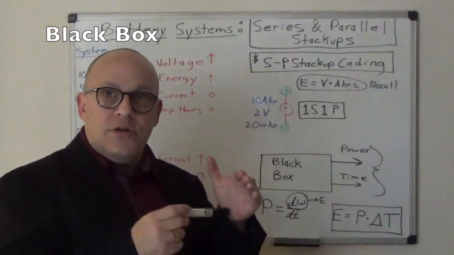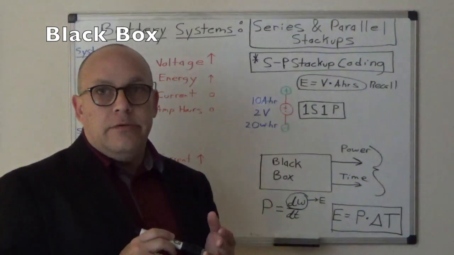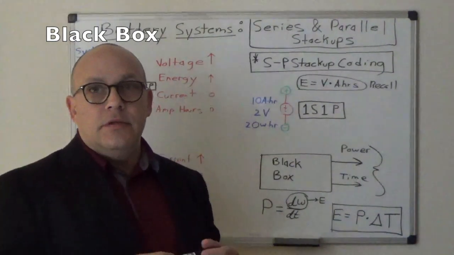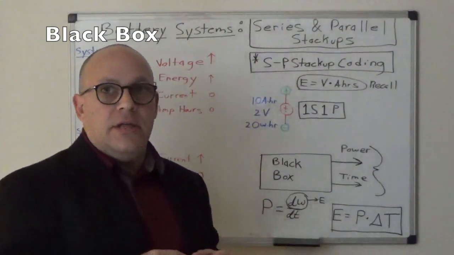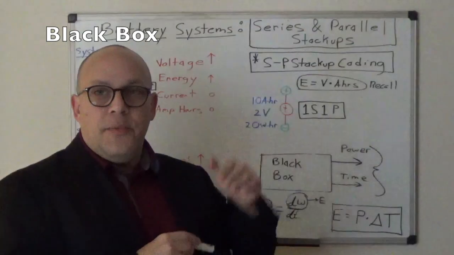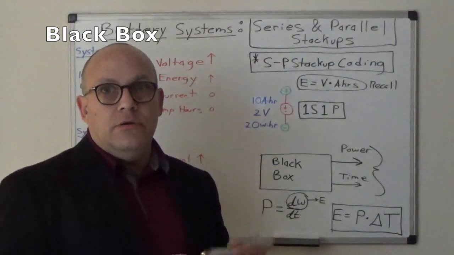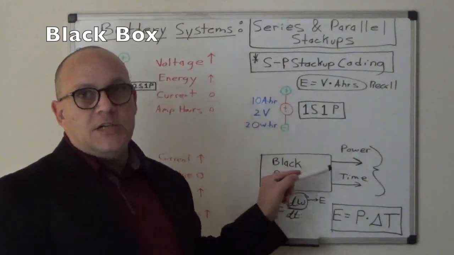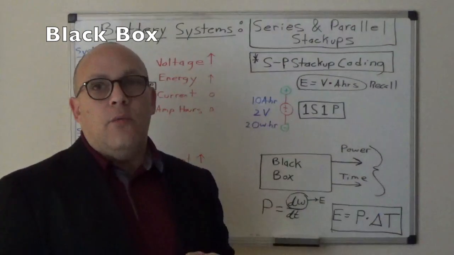And then you backwards calculate your voltage, your current, your amp hours, etc. You need to know your watt-hours required, and then you back calculate how much voltage to stack up and how much current you need to get the amount of energy you're looking for. So never forget the black box perspective when you're designing battery systems. You just have to know how to think through it that way.